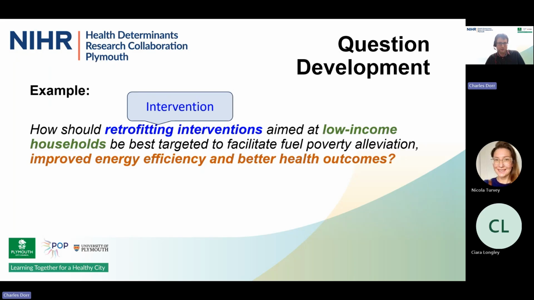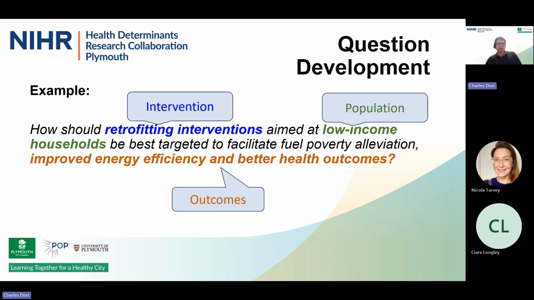We will need to define that, but that doesn't need to be done in the research question itself. We've got a population, low-income households. And we've got outcomes. We've actually got a few outcomes here, because we've got fuel poverty alleviation, improved energy efficiency, and better health outcomes.